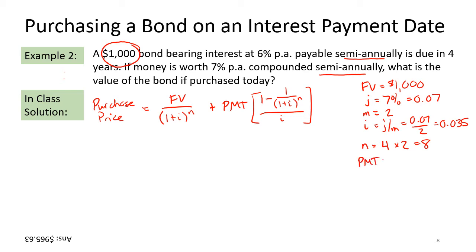So your payment, remember, in this case, it's semi-annual, so every 6 months, we're going to get an interest payment. And it's based off the face value. So it's based off of your face value of your bond, $1,000, multiplied by your interest rate, okay? But it has to be divided by the number of payment periods, because again, consider this like a periodic interest rate for your bonds.